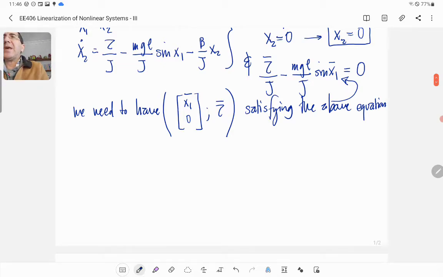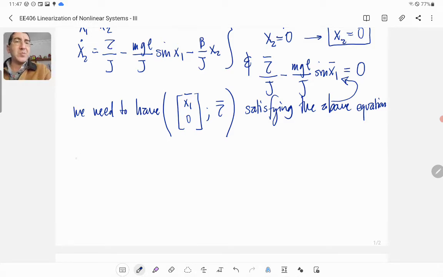That means that we have a dependence at the equilibrium point between the inputs and the state. So for a given equilibrium state, you need to find the corresponding equilibrium input, and for a given equilibrium input, you need to find the corresponding equilibrium state. If you can solve this equation, that implies the presence of an equilibrium point.